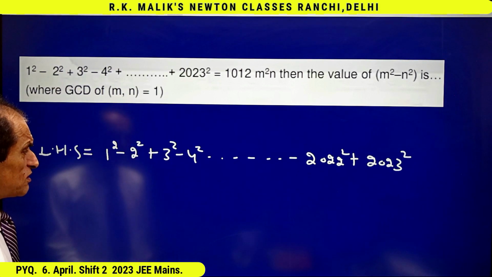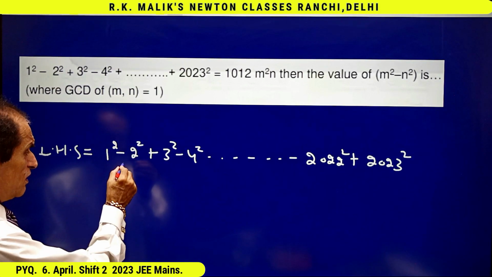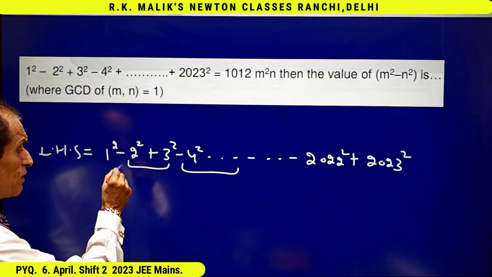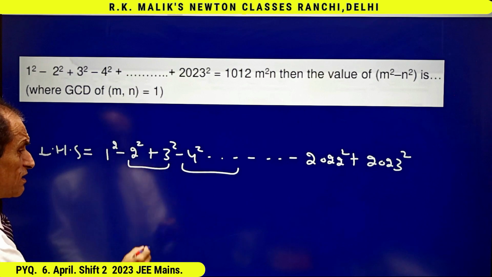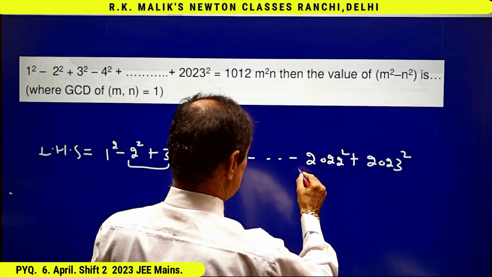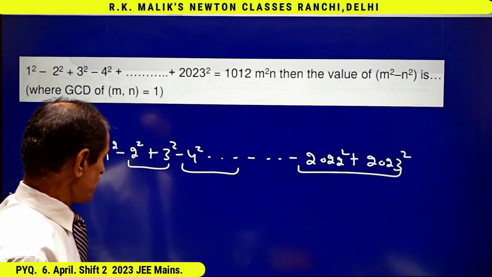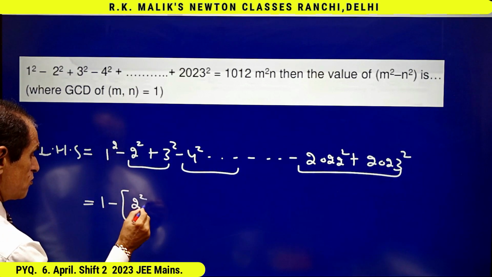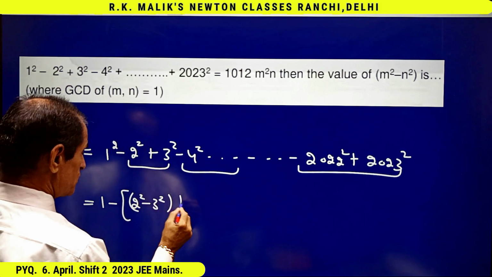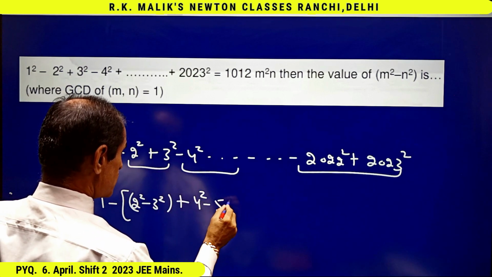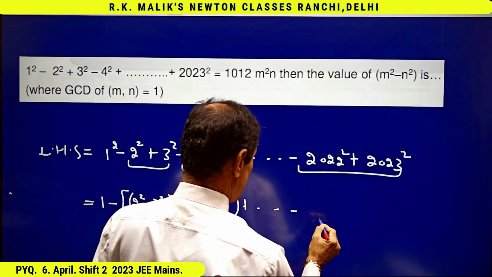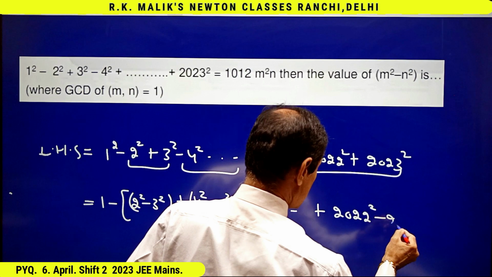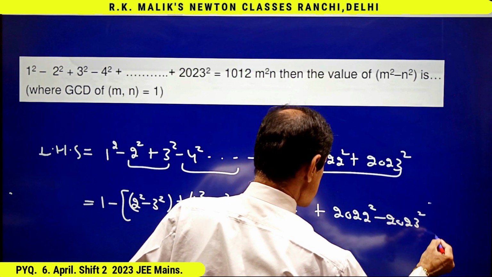Again, start pairing in this way, not 1 square minus 2 square. Better will be to start making pairs from here as I told you just now, and in this way the last pair will be this. And now write it as 1 minus 2 square minus 3 square plus 4 square minus 5 square up to 2022 square minus 2023 square.